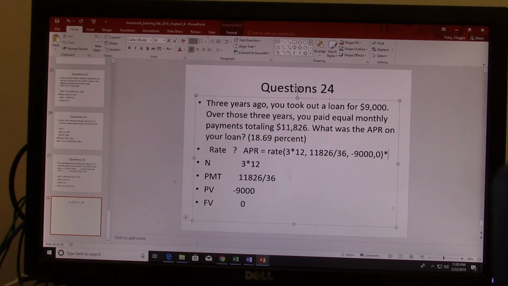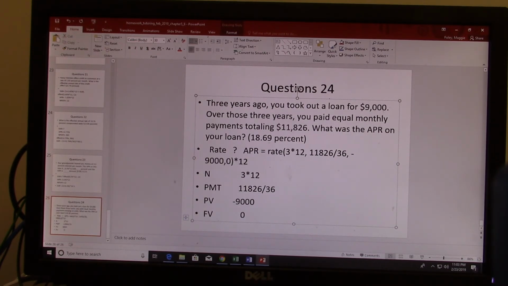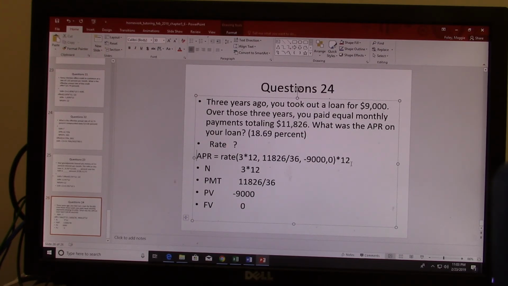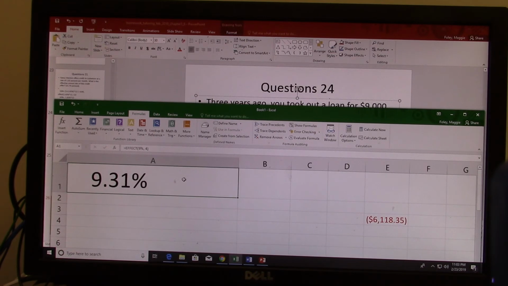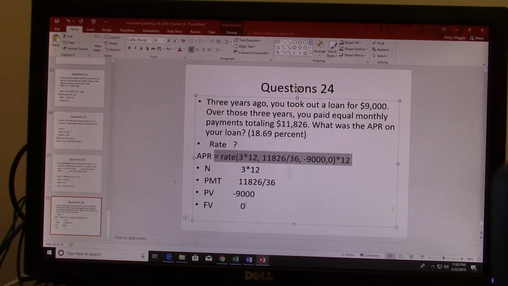When we get this, don't forget to multiply by 12, and that will be the APR. What we got here is just the rate in a month, and multiplying by 12 gives us the rate in a year. So let's see how much it is. It should give us 18.69%. Yeah, 18.69%.